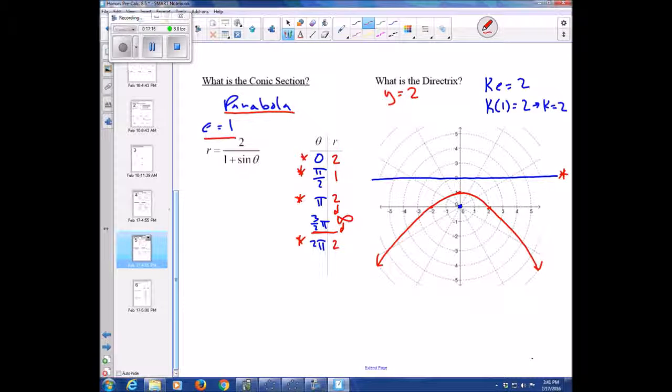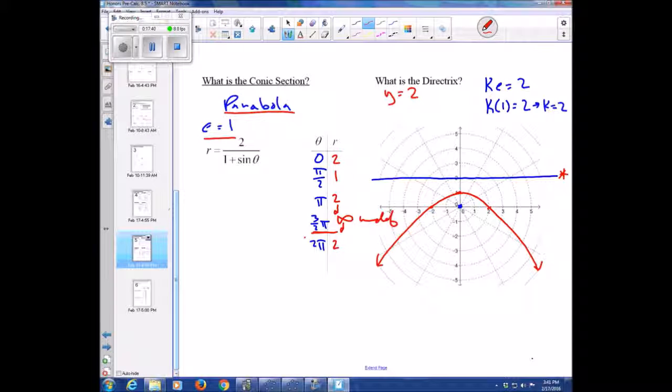And then at this point, what we want to do is just sort of evaluate the rotations on the x-axis. So right here we can say that evaluating these rotations, we get a rotation of 0 giving us 2, rotation of pi over 2 giving us 1, rotation of pi giving us 2, and a rotation of 3/2 pi giving us basically an undefined value.